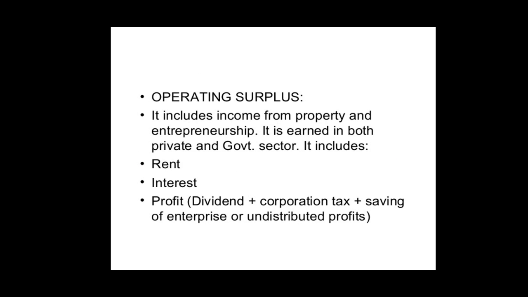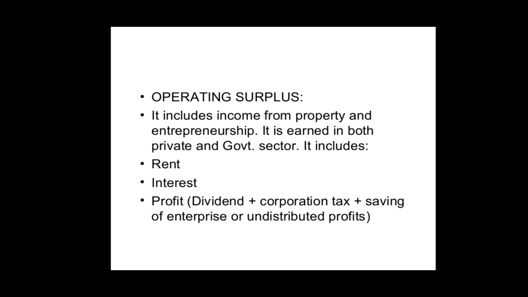The second category of factor payment is operating surplus. Students, operating surplus includes income from property and entrepreneurship. It is earned in both private and government sector.